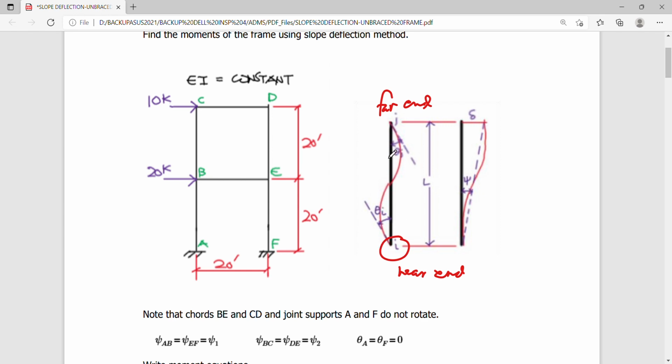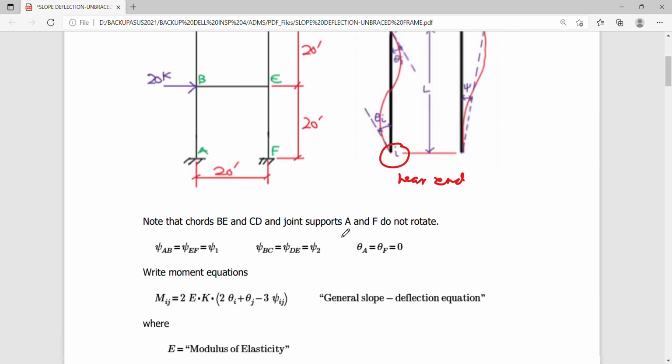So we have here your rotational behavior versus the translational behavior. We have to bear in mind that the moment or flexural consideration is always reckoned on the rotational freedom of your joints and the translational freedom of your joints.